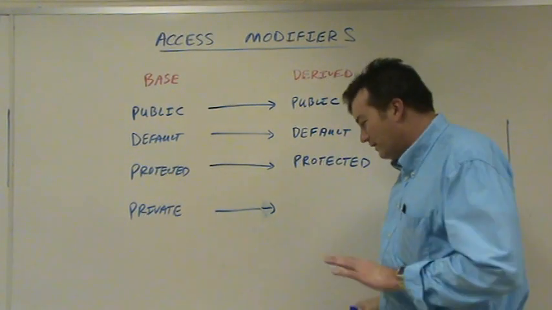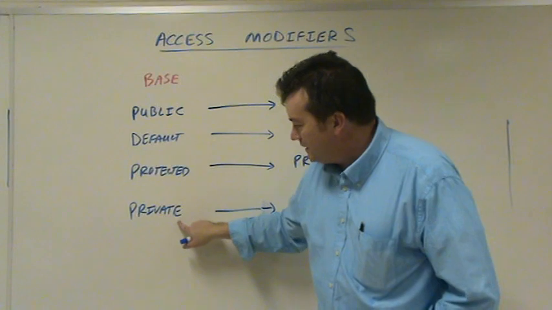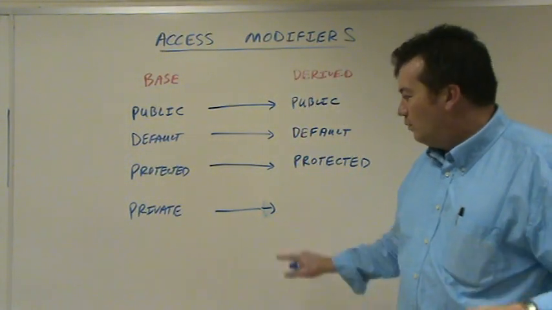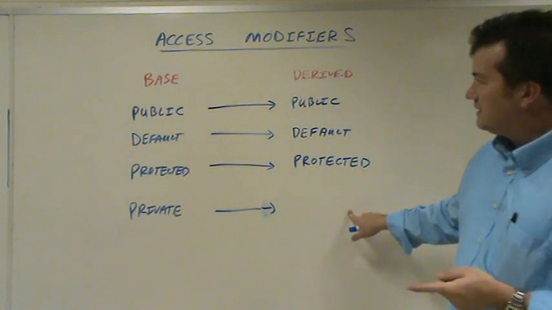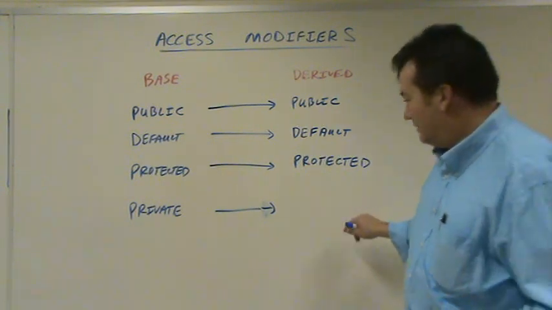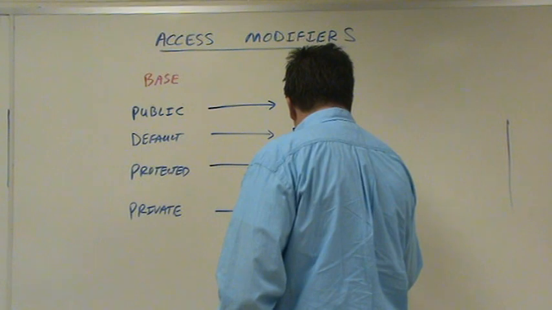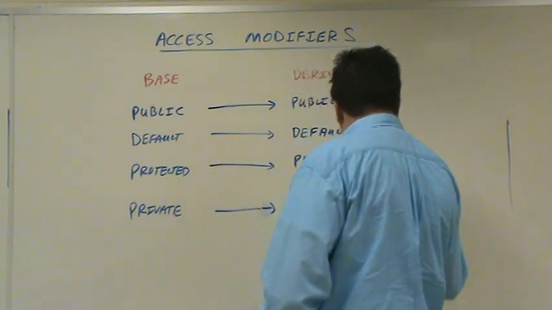I keep saying goes where. I don't want you to think it's stored. Stuff that had private access, meaning anybody outside cannot access it, what is its access in the derived class? You can't access it, right? So not accessible.